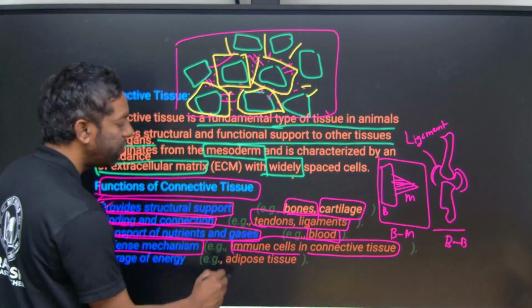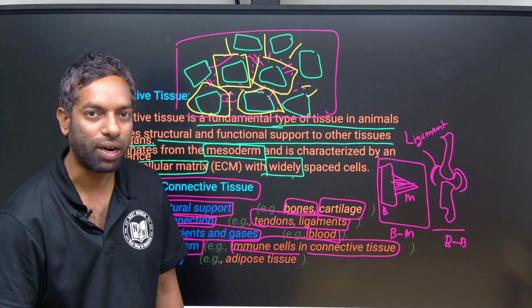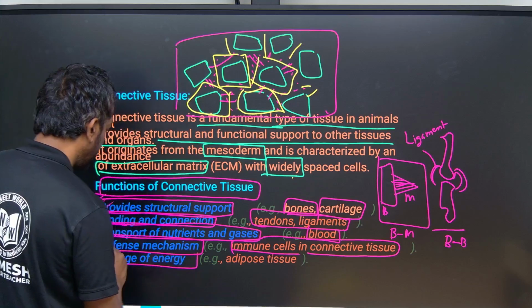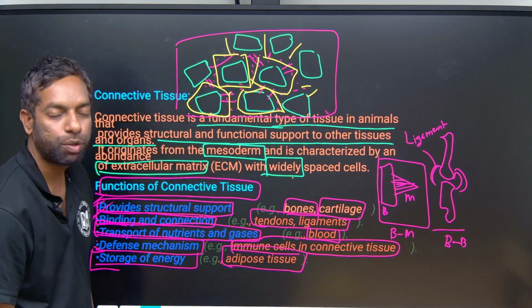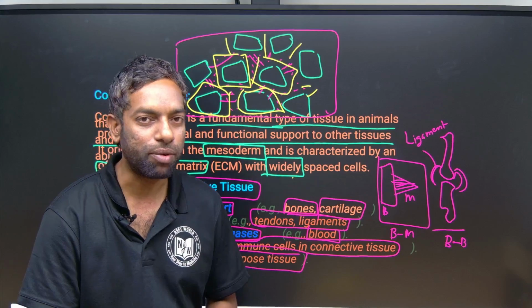Immune cells are involved in the defense mechanism, they can protect the body. That is the immune system. Storage of energy: adipose tissue is especially useful for storing energy, meaning fat is stored in the adipose tissue.